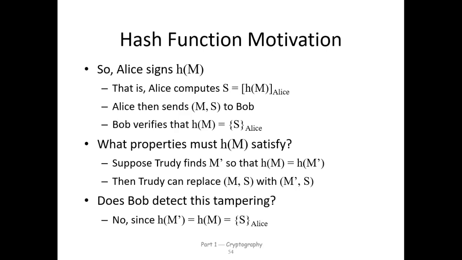We calculate the hash function first at the sender side, then calculate the encryption of that hash. That encrypted data is sent to Bob, so that no one in between can decrypt it, and it is received as it is by Bob.